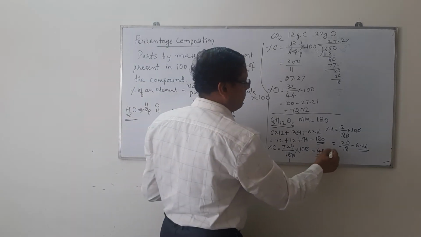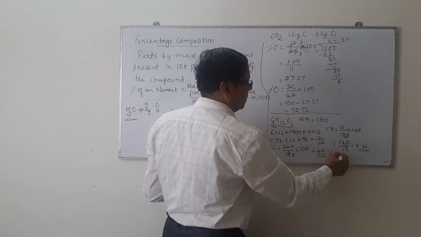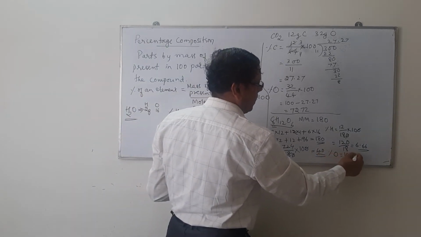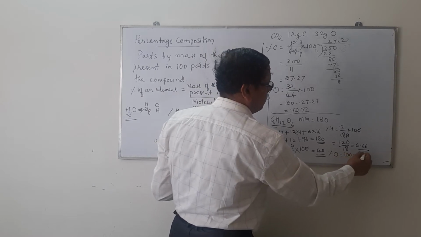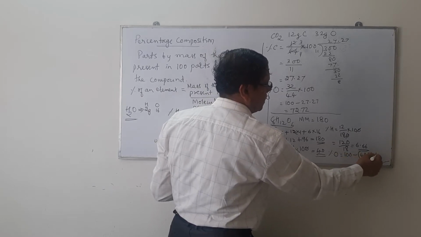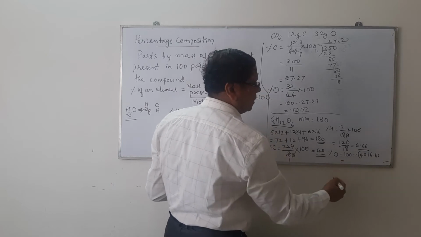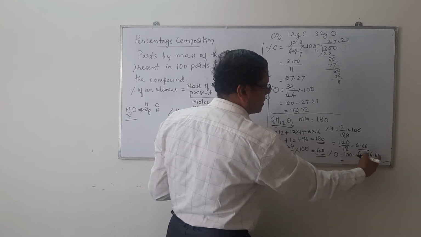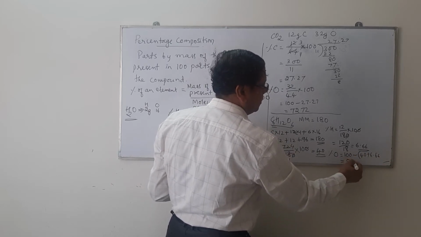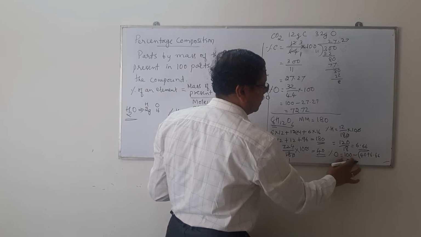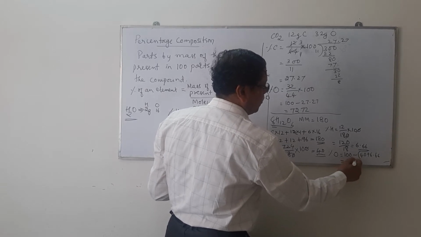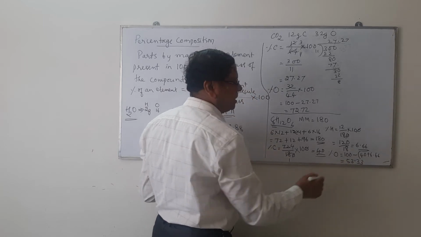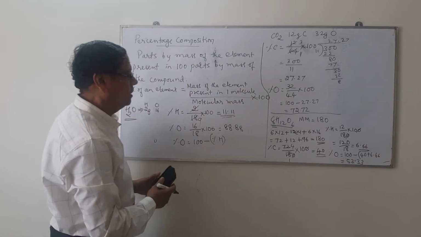The remaining will be the percentage of oxygen. So it is 100 minus (40 plus 6.66). That is equal to 100 minus 46.66. It is 53.33. That is the percentage of oxygen.